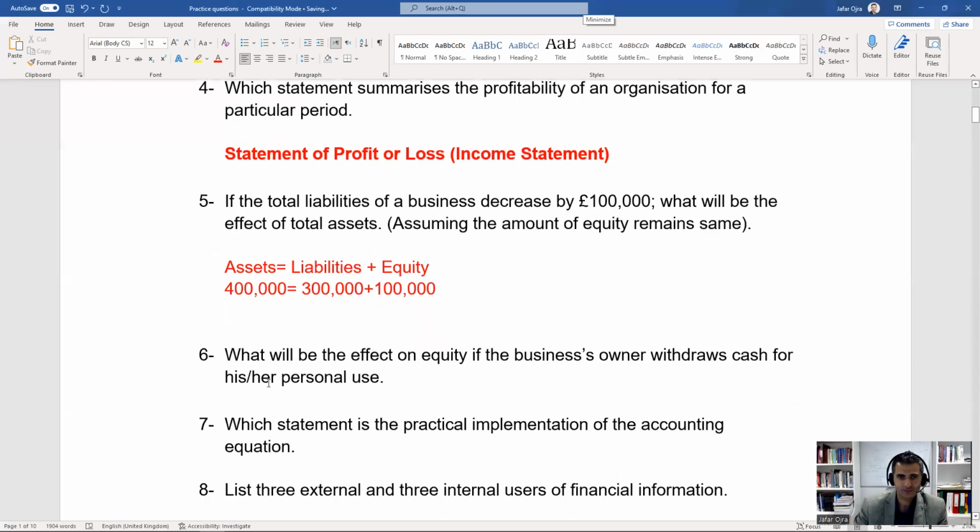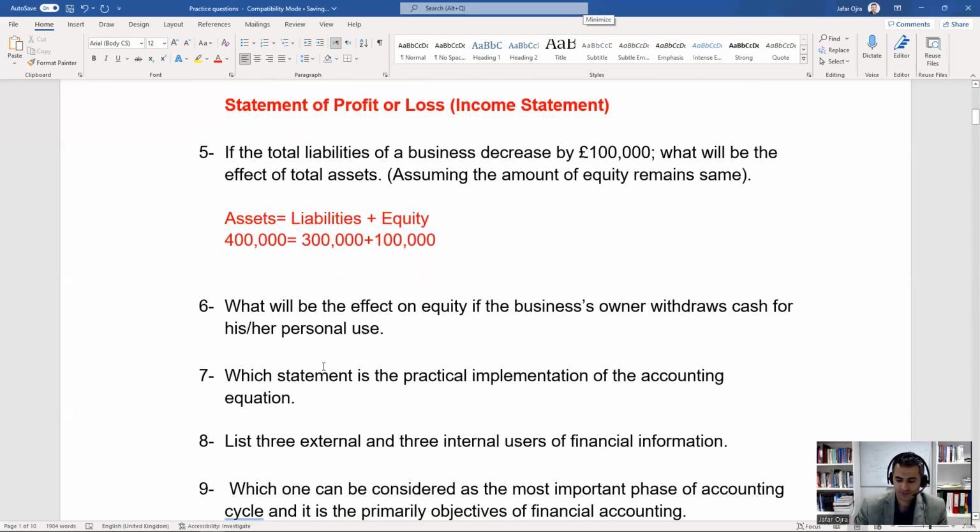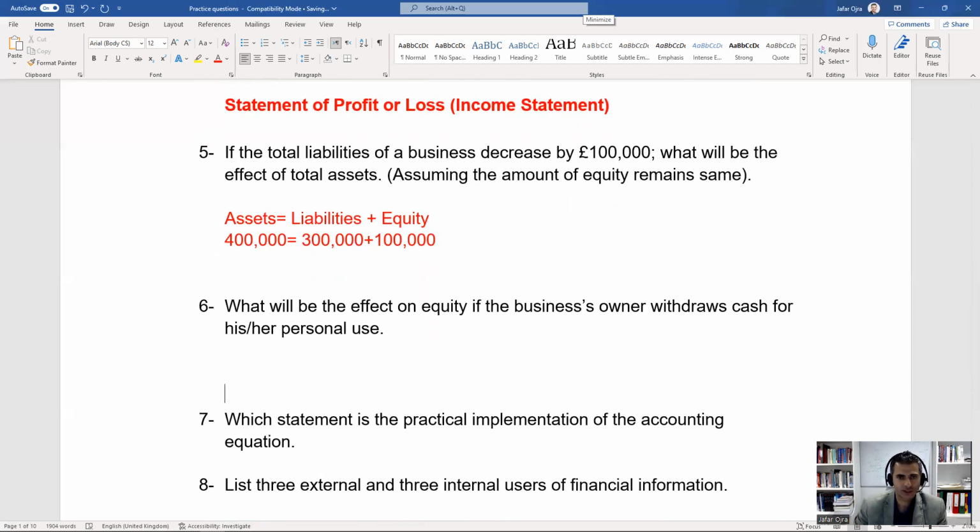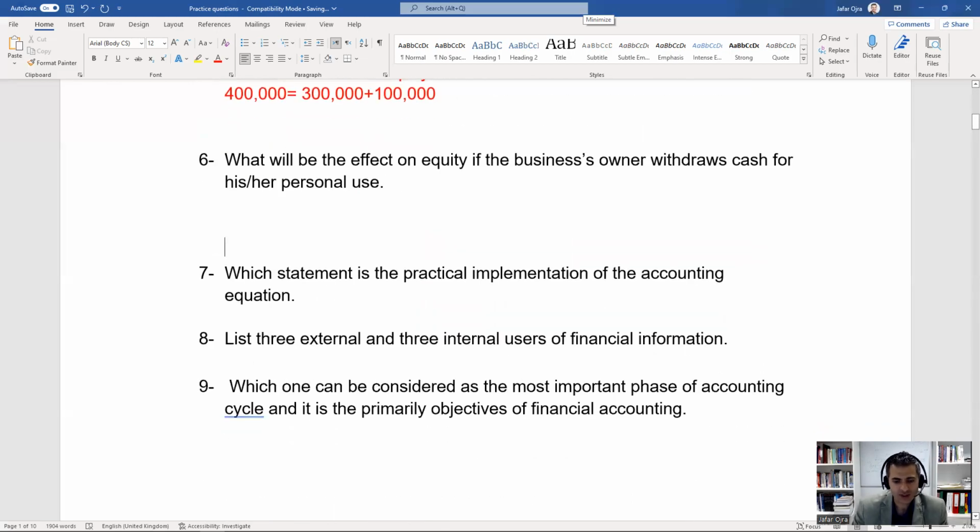Okay, now let's move to number 6. What will be the effect on equity if the business owner withdraws cash for his or her personal use? So we are now talking about something called drawings or withdrawals.